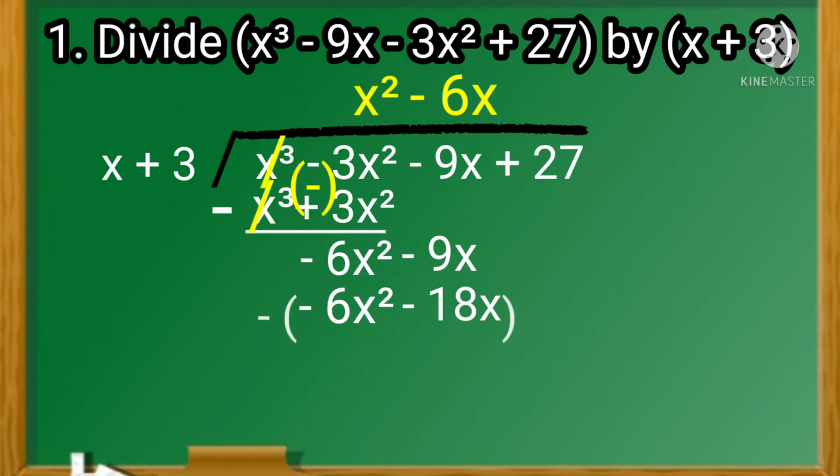Then subtract. Negative 6x squared and negative 6x squared will be cancelled because they are similar terms. But the sign of 18x will be changed to positive. Since we have different signs, negative 9x and positive 18x, we will subtract 18 and 9.